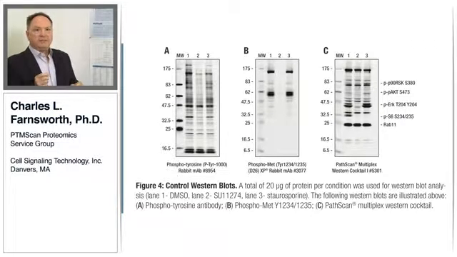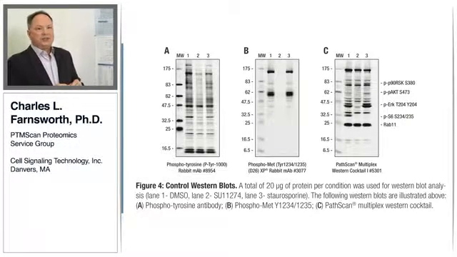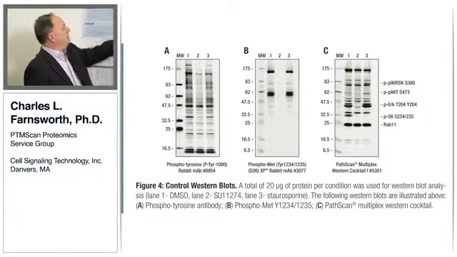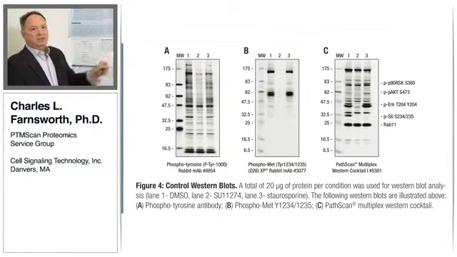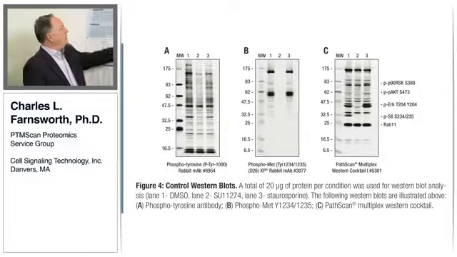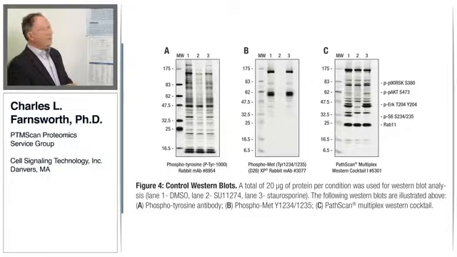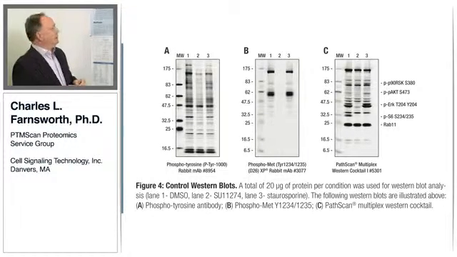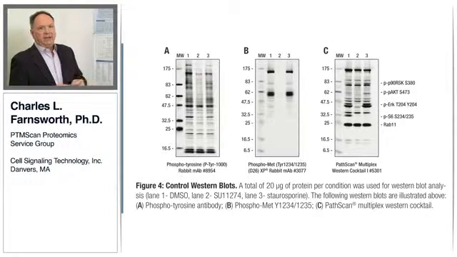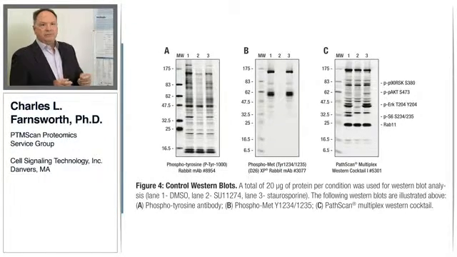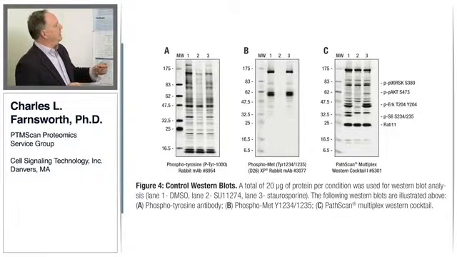If we look specifically at phosphorylation on the receptor tyrosine kinase MET, we can see in panel B that phosphorylation of MET is almost completely reduced, while staurosporin has not affected MET phosphorylation. And then in panel C, we have a multiplex Western blot using 5 phosphospecific antibodies and a loading control. And we see some interesting features of using 2 different inhibitors.